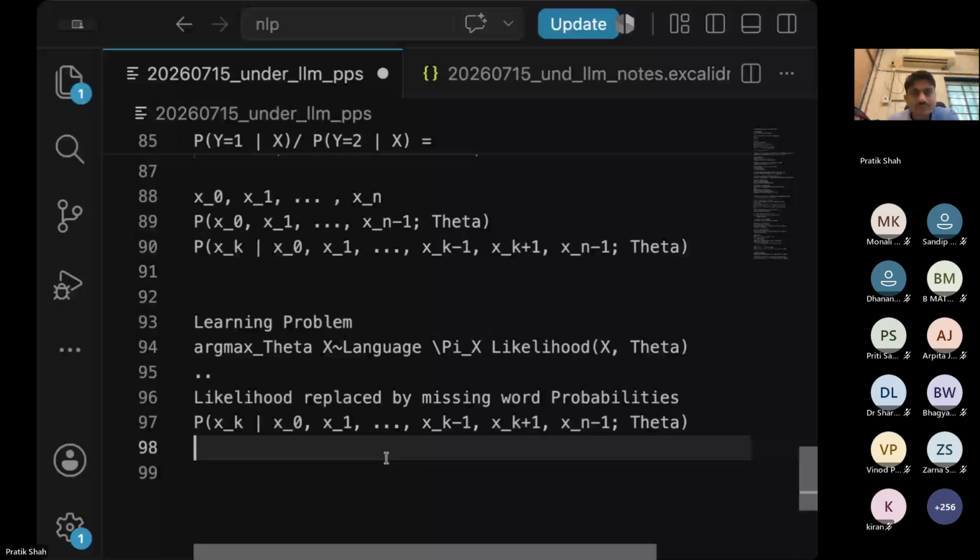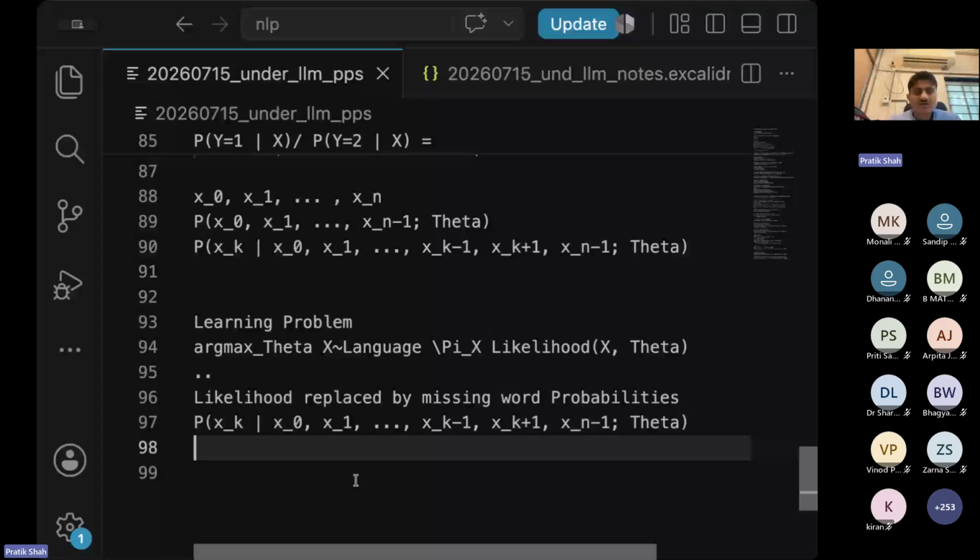One of the tasks is to hide a few of the words and then train your model. Good. So this is what a learning problem is in terms of likelihood function.